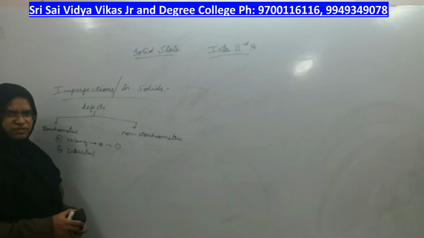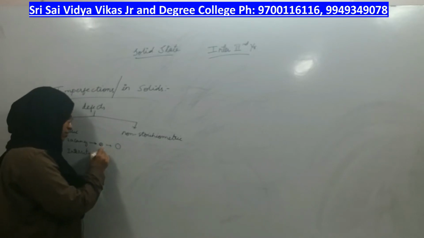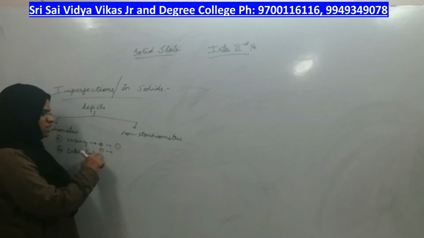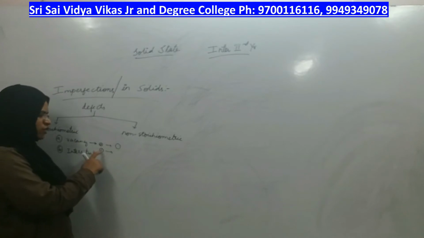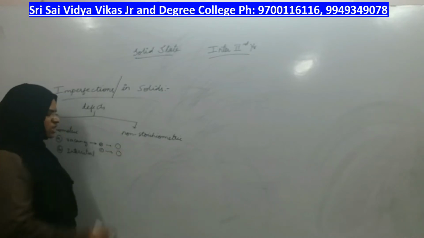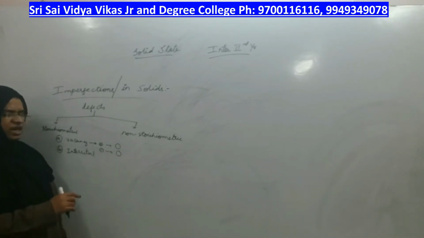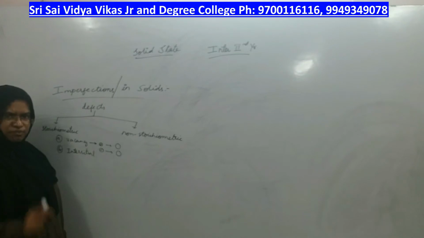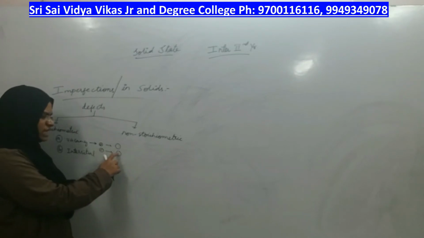It is not always for cation, the same can happen even for anion. Suppose this site is for an anion and the anion is supposed to be here, but after the defect a vacancy got created and that anion is missing from its place.